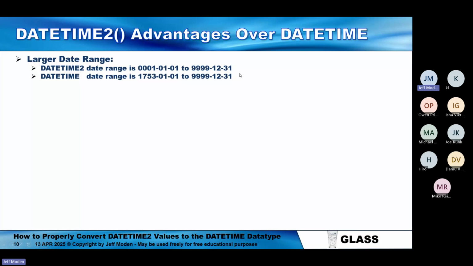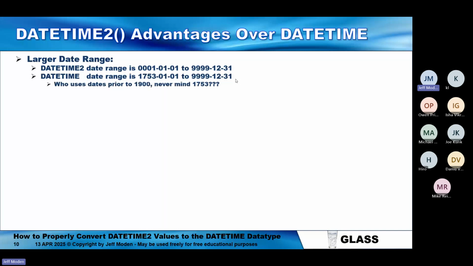DateTime only starts at 1753, but we have that problem again with the dates being inaccurate prior to 1753. So my recommendation is, if you need to use dates prior to 1753, don't use SQL Server to figure it out, because they don't have the correct offsets for any of the date times by country. You're going to have to figure that out.